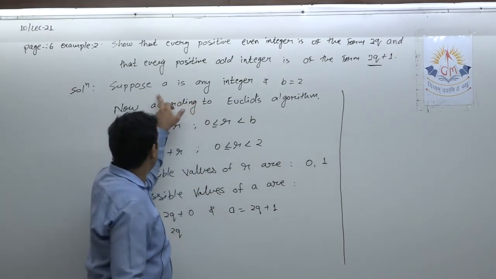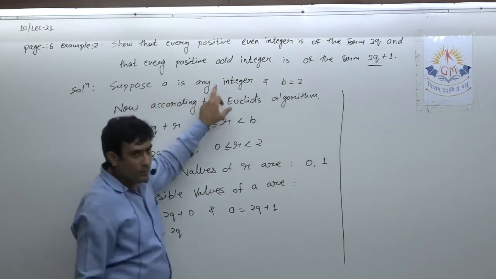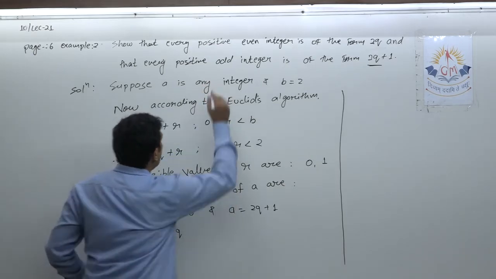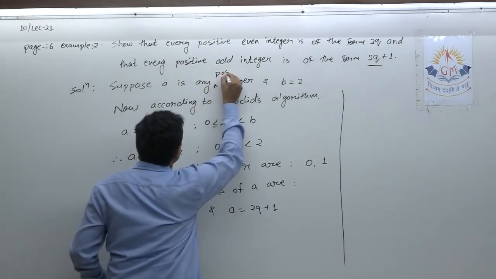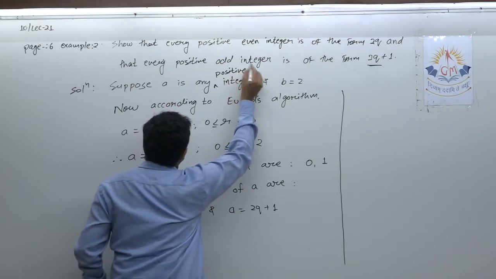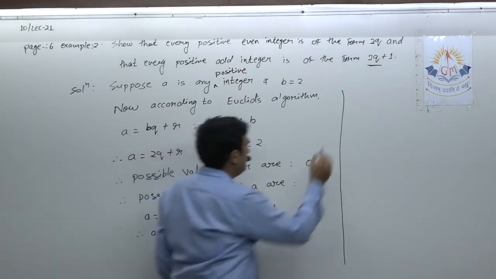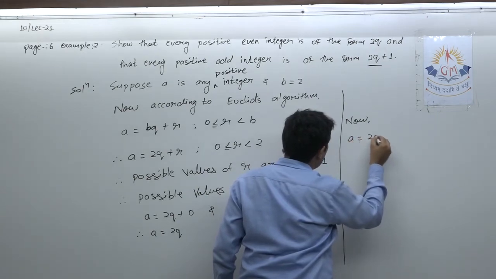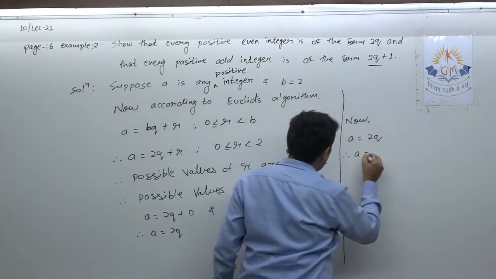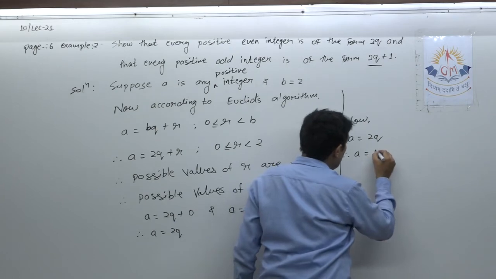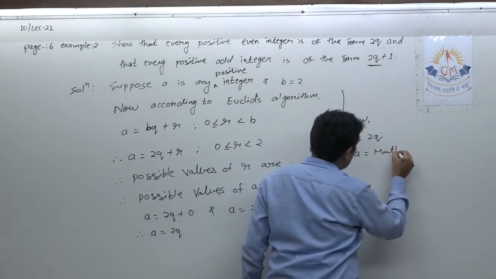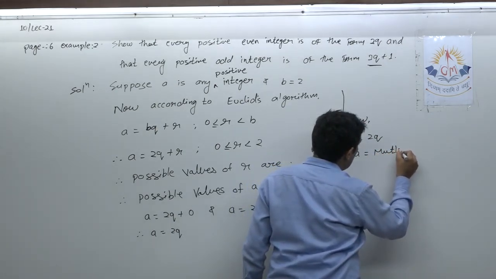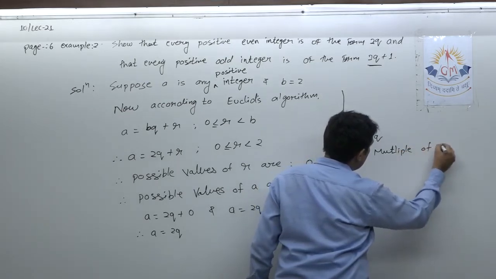Now a is any positive integer. Okay, make it positive integer. Now when a is equal to 2q, I can say a is a multiple of 2, isn't it? 2q is a multiple of 2.